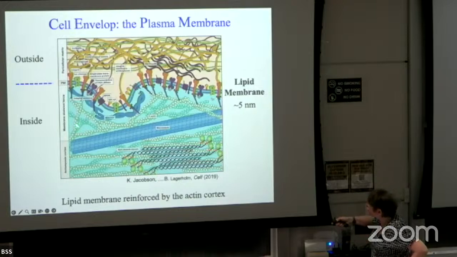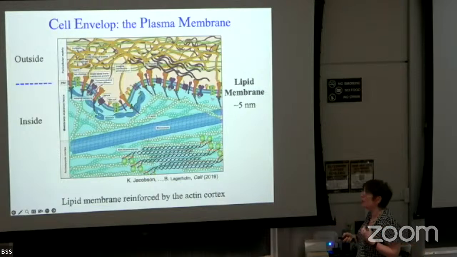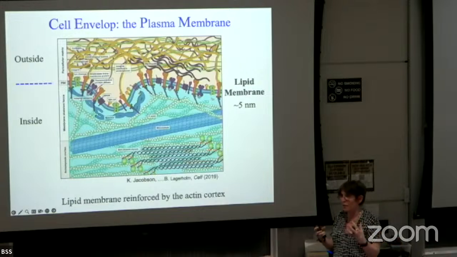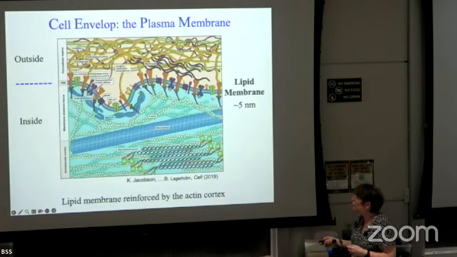And in addition, we have the cytoskeleton. So the actin cytoskeleton is also connected to some other proteins, via certain proteins, to the membrane. And we have the microtubule. So you can see that's a very complex system, a very heterogeneous system, because it's made not only of lipids, but plenty of proteins.